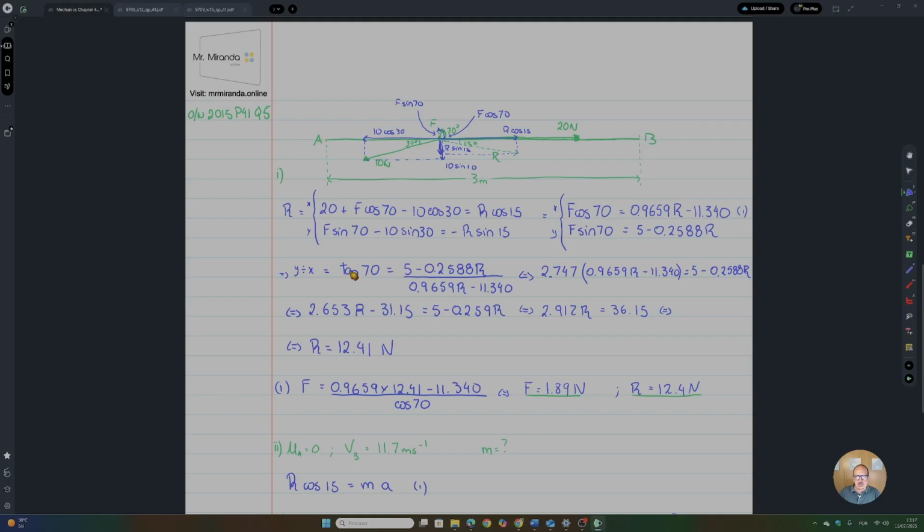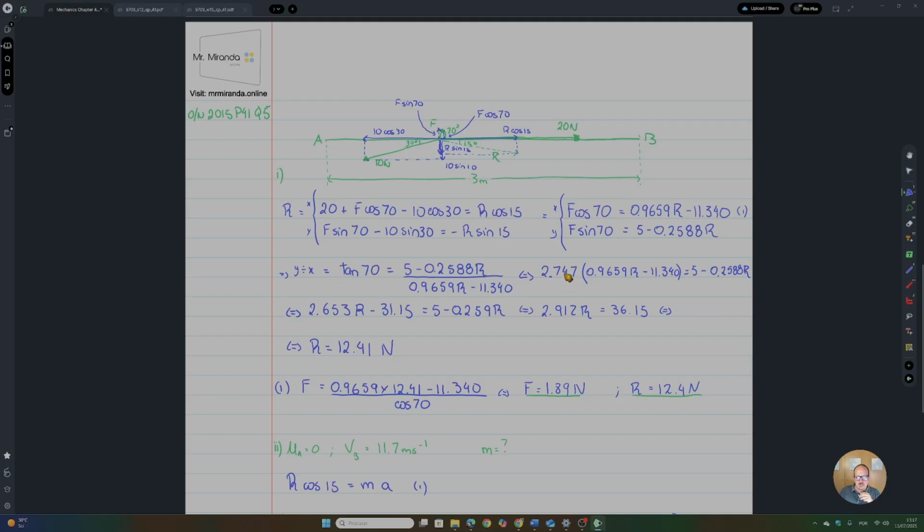So I cut out the F's, and what do I have? I have instead tan of 70, tangent of 70, which equals this divided by that. So I have a single equation in terms of R, which I will then go on to solve.